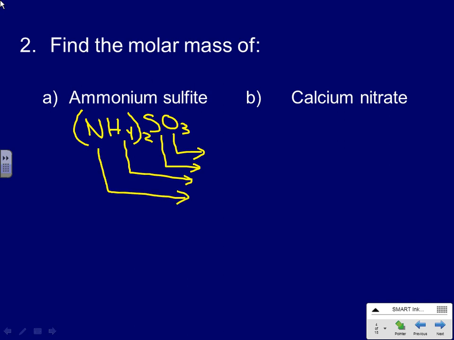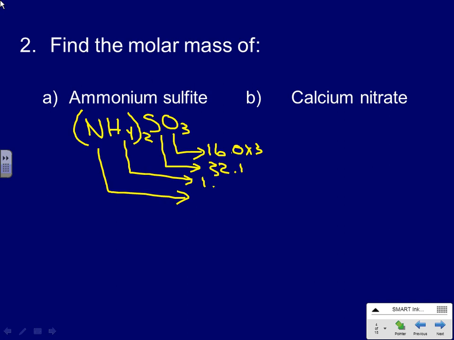All we have to do is exactly what we did for the formula mass, except now we have a new, more useful unit. Again, round to the first decimal, just like we did with the formula mass. 16.0 times 3. Sulfur, I can't remember, 32.1? 32.1.